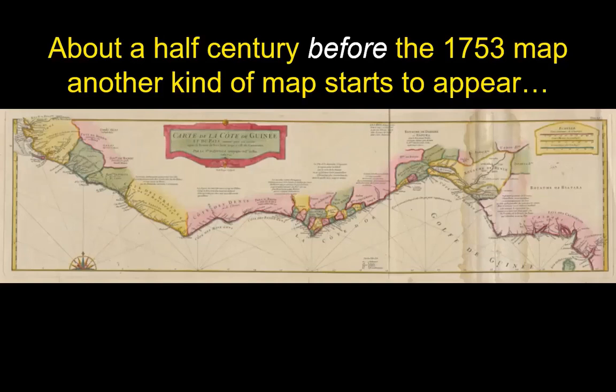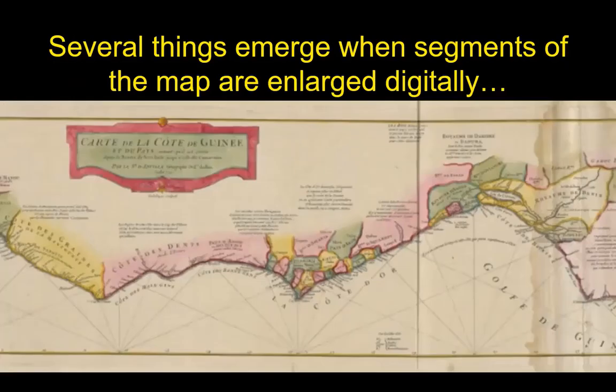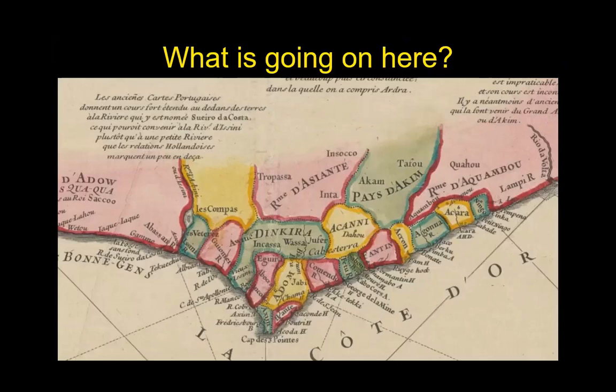Even a half century before the 1753 map, another kind of map started to appear, and it's very interesting to look at in detail, which you can do by zooming in through Dr. Gerald Rizzo's collection, Afroterra. You can begin to see that these are the first ethnographic, if you want to call it that, or political maps made by Europeans.